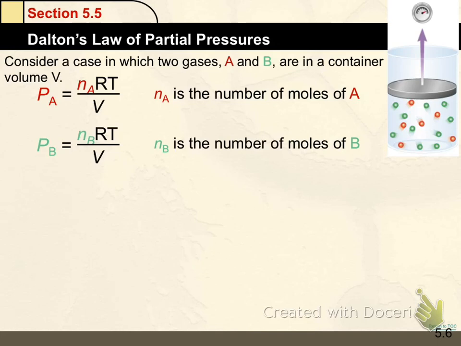Now what can we say about R, T, and V in both of those equations? They're constant, they're equal, they're the same. Yeah. So we can do a little bit of algebra. We can say, well, the total pressure, well, this isn't the algebra. This is Dalton. And Dalton says the total pressure of our cylinder on the right side is equal to the pressure of A plus the pressure of B.